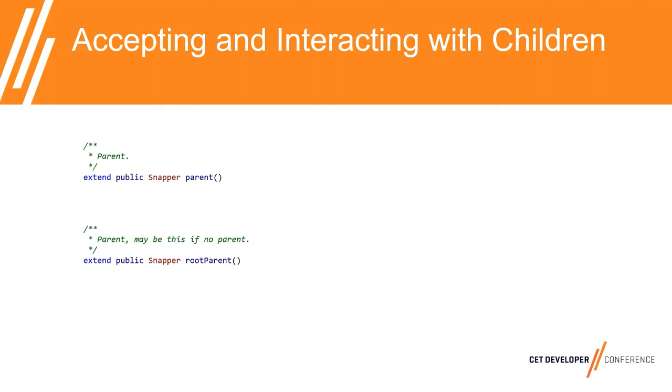I say immediate because it's always possible to have multiple levels of parent-child relationships. Parent will just return your immediate one. Or you also have root parent. This will recurse all the way up through your parentage, returning the snapper that is the outermost owner, the most parent, I guess, the grandest of parents.